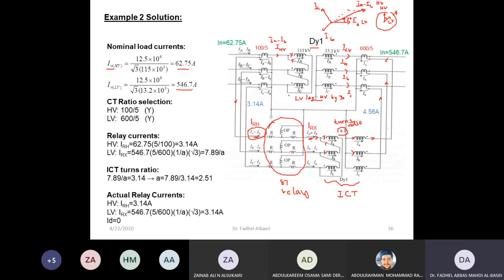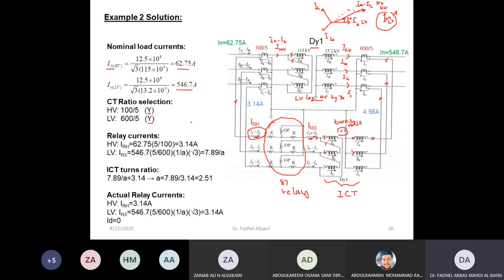Because we used an interposing CT to correct the phase, I don't have to change the connection of the main CTs. I'll connect them as star-star so that they don't alter the phase, because phase correction is done here.